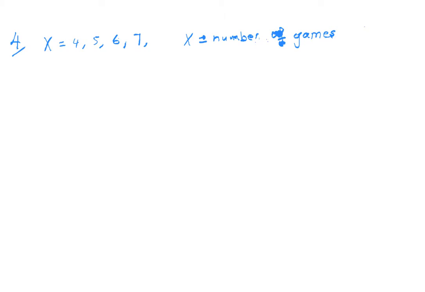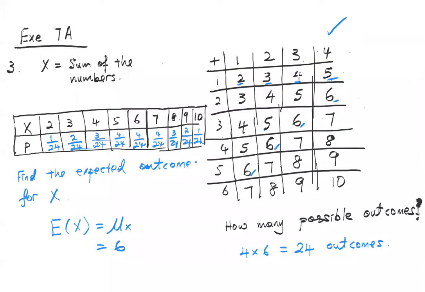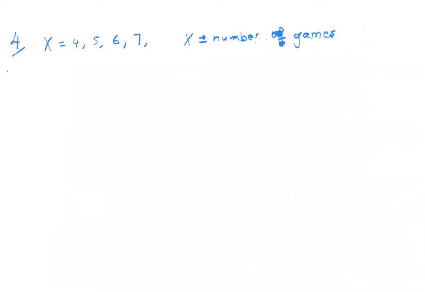You're not sure? Okay. Can I use this form? Can I use this table? Or should I use another method to list out the possible outcomes? This is one way of listing out possible outcomes. What is another way of listing out possible outcomes? Do you know what you call a tree diagram?